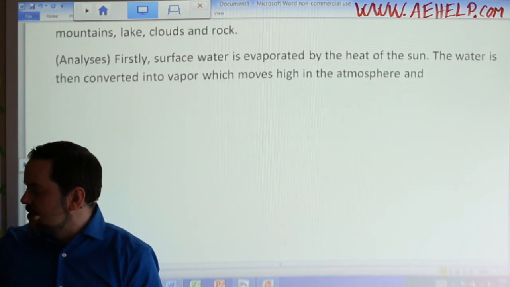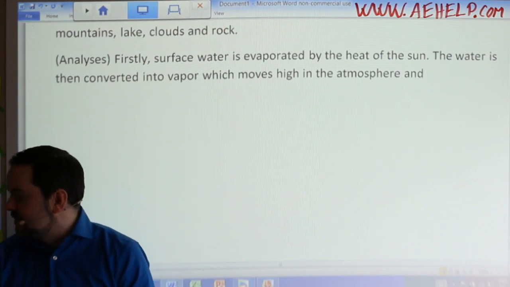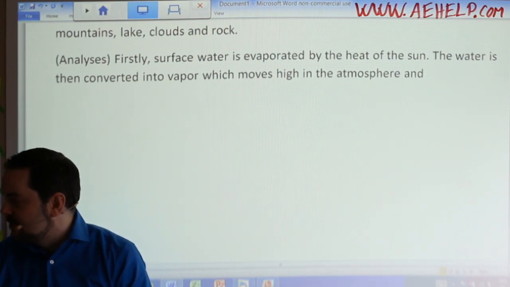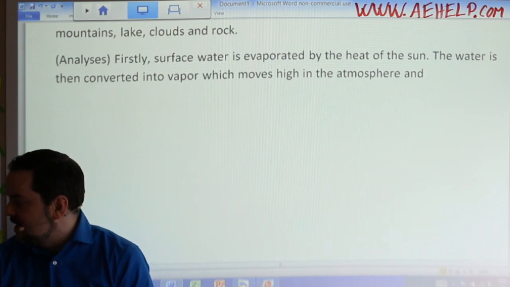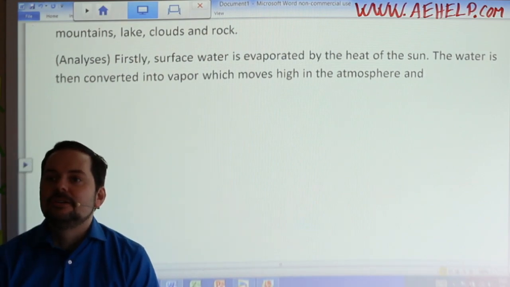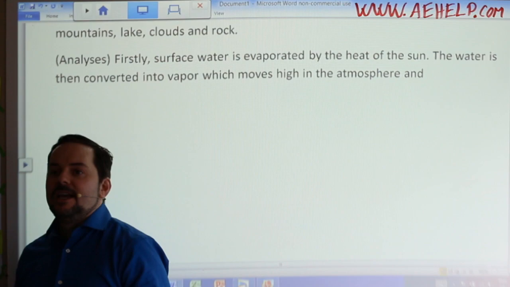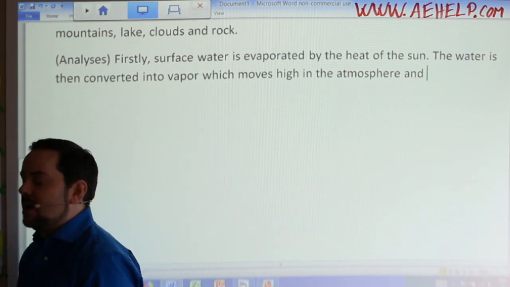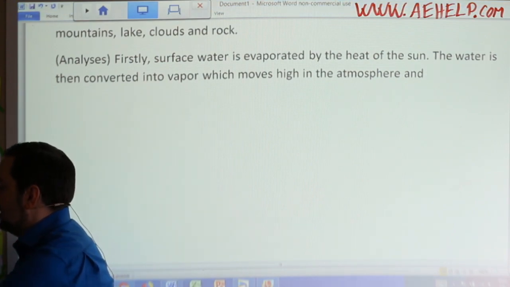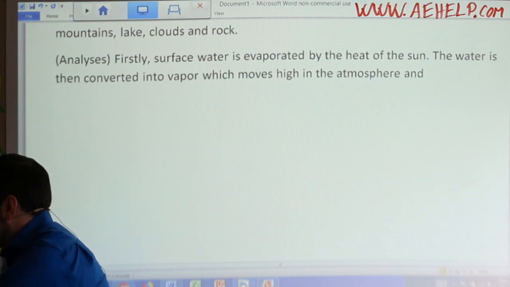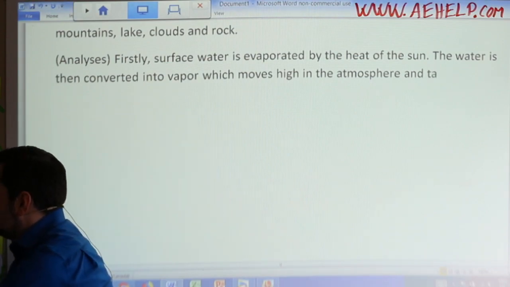So, firstly, surface water is evaporated by the heat of the sun. The water is then converted into vapor, which moves high in the atmosphere and takes the form of clouds. Dr. Khalid, very nice. And takes the form of clouds.